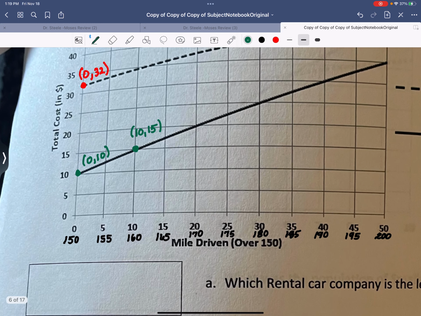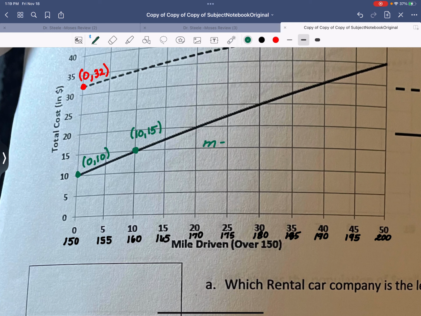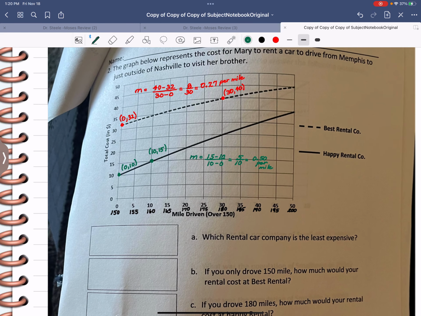Again, the slope formula is going to be y sub 2 minus y sub 1 over x sub 2 minus x sub 1. So that's 5 over 10, or 50 cents per mile. Again, that's consistent with what I'm seeing because the slope on this line is steeper. The slope on the top line is more gentle.